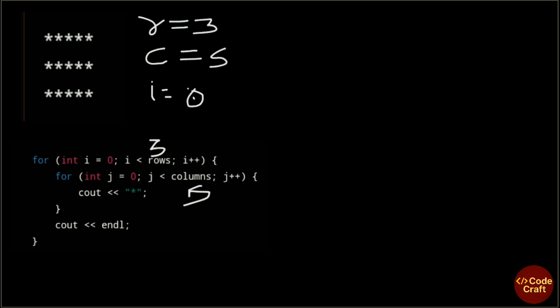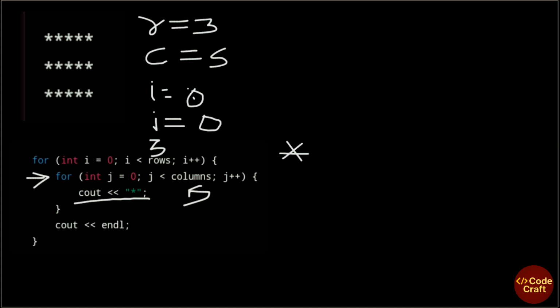In the first iteration i equals 0 and i less than 3 is true, so the compiler enters the inner loop. j is equal to 0 in the first iteration, and 0 is less than 5, which is true, so the compiler enters the loop and runs this line, and we have a star in the first row.